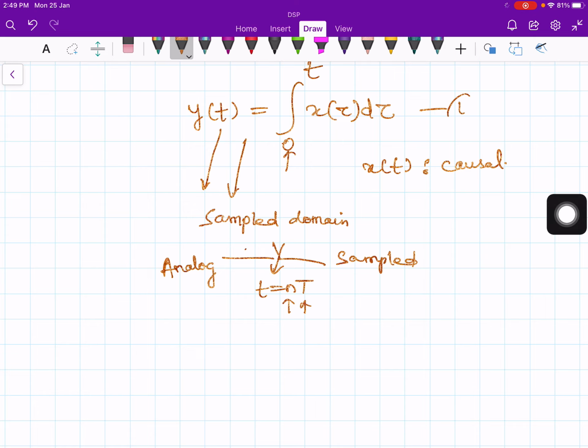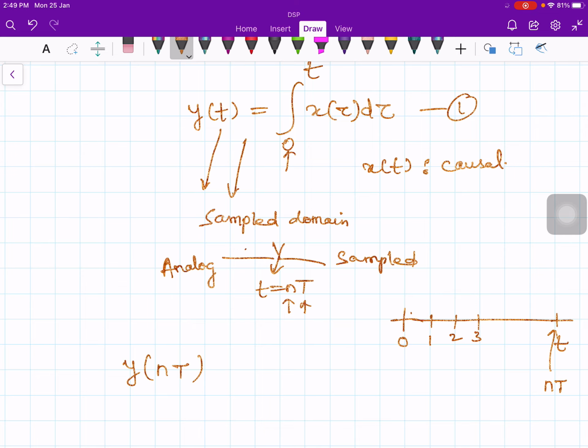Let me call this equation number 1. Equation number 1 becomes y of nT is, you have the signal like this, let's say 0, 1, 2, 3 and it goes up like that, and this point is capital NT.